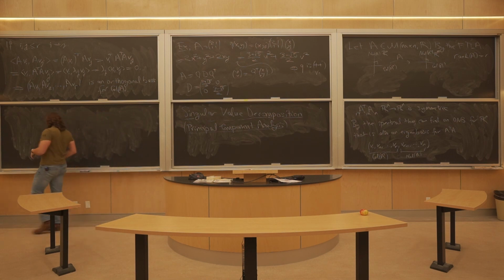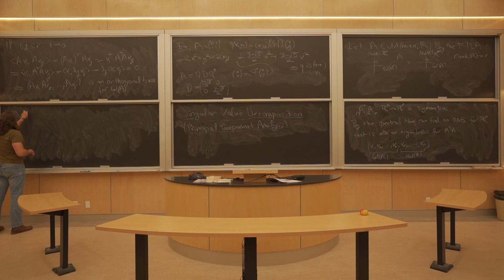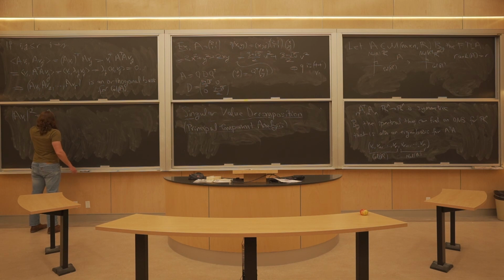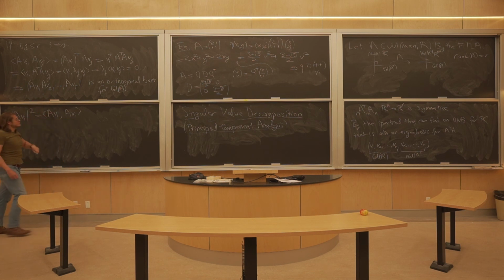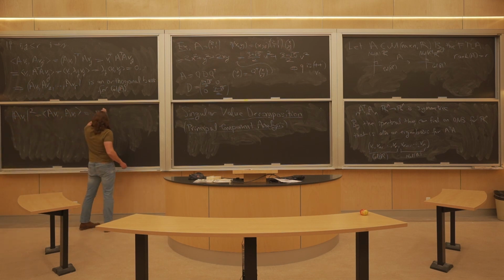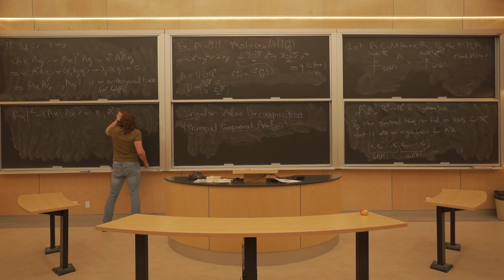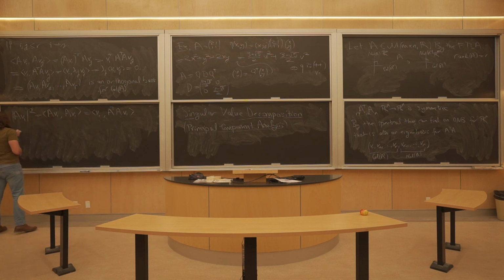Now, what is the norm of one of these vectors? Let me just compute the norm squared. Well, this is nothing but A vi against A vi. By the same idea, this is nothing but vi against A transpose A vi, which means that this is vi against lambda I vi, so I can take that lambda I out.